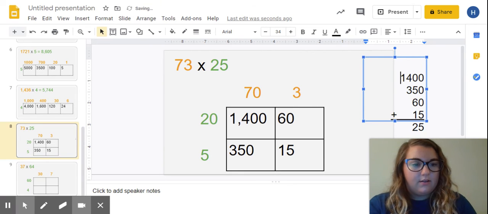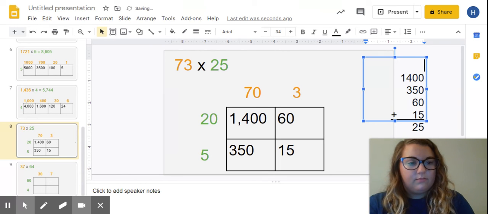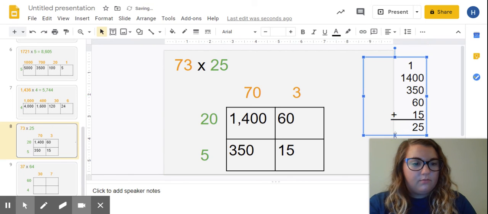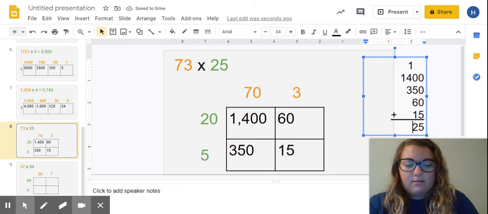Reminding myself that now I need to add a 1 to my hundreds, which will give me 8.